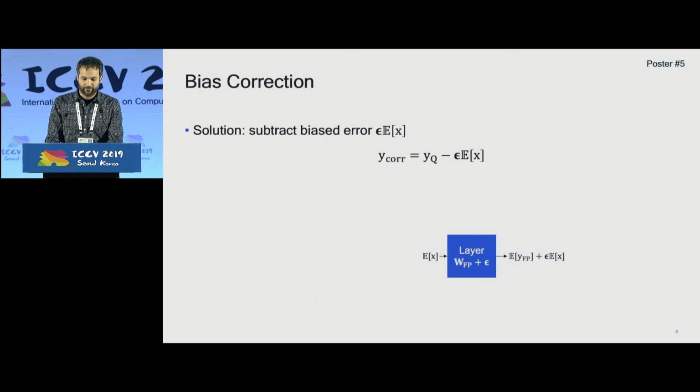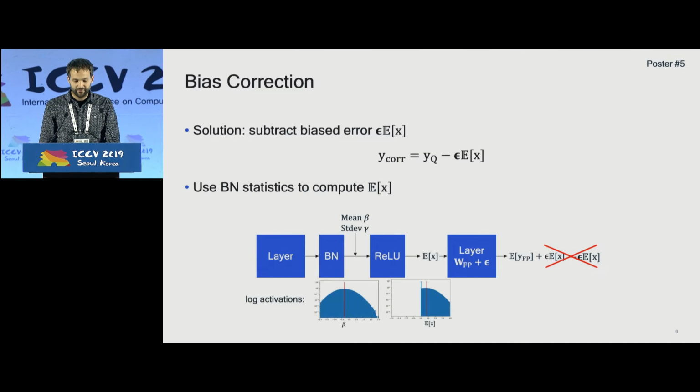We can correct for the biased error by subtracting it from each layer's output. The challenge is then to compute the expectation of X without data. We do this by exploiting the previous layer's batch norm statistics, assuming pre-activations are Gaussian and correcting for the ReLU.